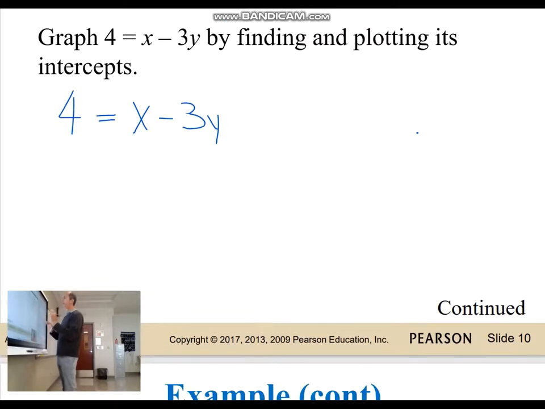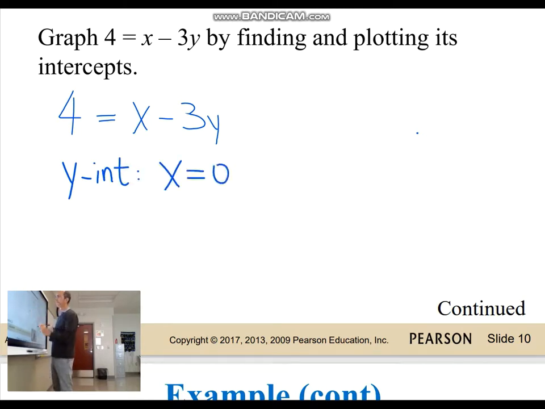Let's find first the y-intercept. So we make x equals 0. If x equals 0, 4 equals 0 minus 3y.